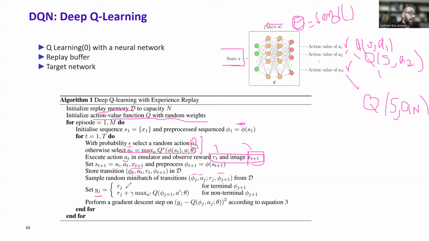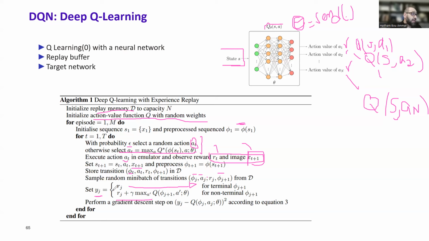So it's going to be either the reward if I'm at the terminal state, because remember, we said that if we are at a terminal state, we set the Q to 0, like from our previous slide. And if it's not terminal, we're just going to do this TD error, where we take the reward plus gamma, and then we're going to be greedy in phi j plus 1, or sj plus 1 really, where phi j plus 1 is the pre-processing of sj plus 1.